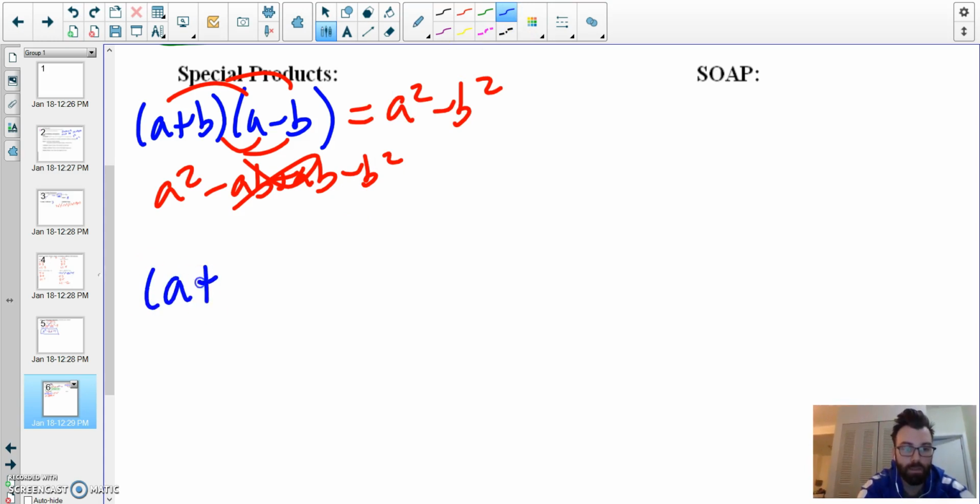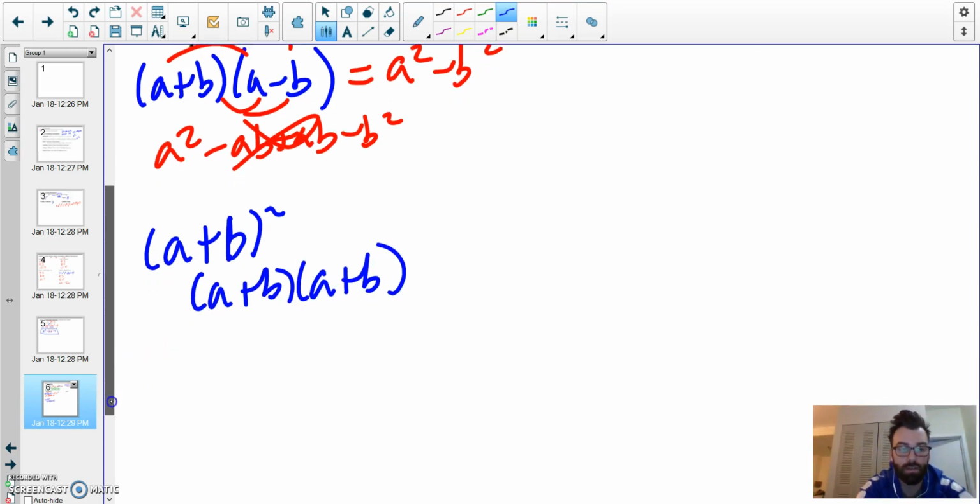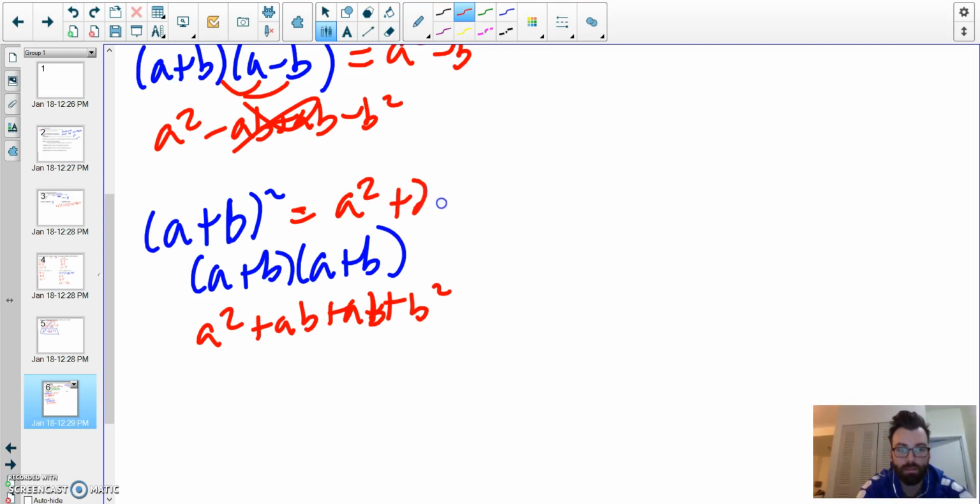Another one, a plus b squared, remember, is not a squared plus b squared. It's a plus b times a plus b. And if I were to FOIL this one out, I'd get a squared plus ab plus ab plus b squared, which would give me a squared plus 2ab plus b squared.